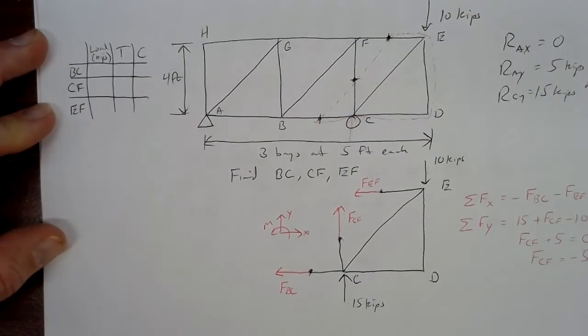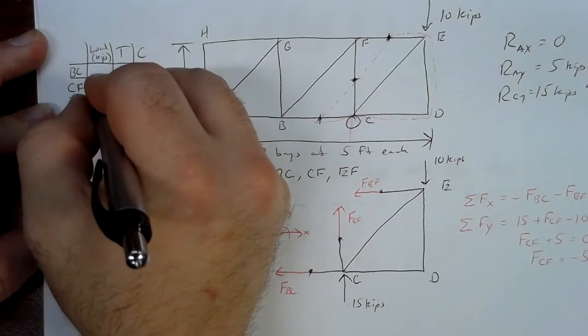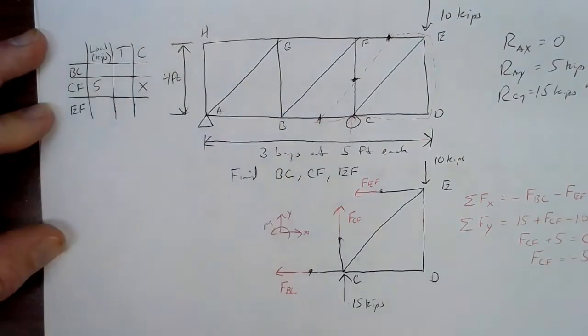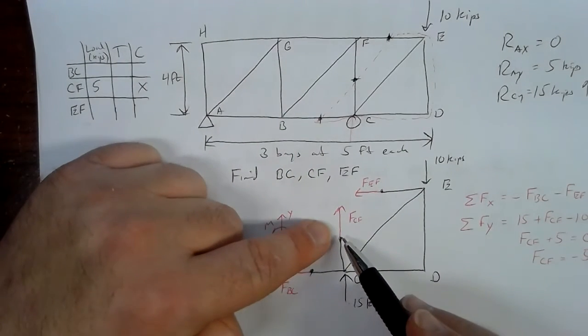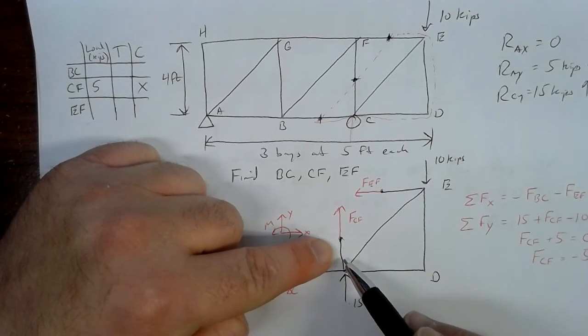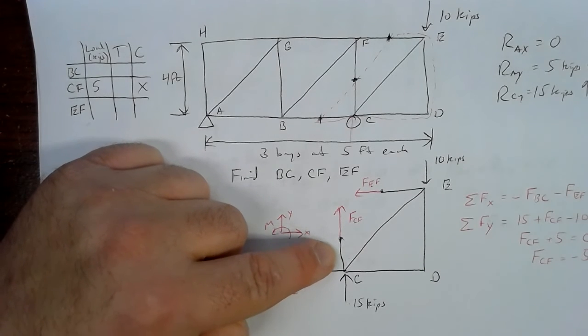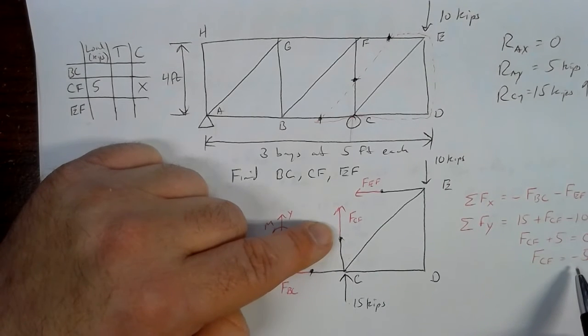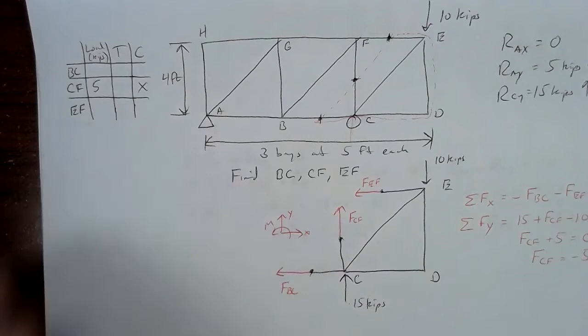So we just figured out member CF carries a load of 5 kips, and it is in compression. We assumed its tension by drawing the arrow pulling on that piece of member CF left behind. Our math told us we were wrong in that assumption. So member CF is in compression.